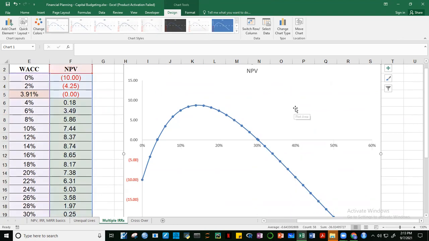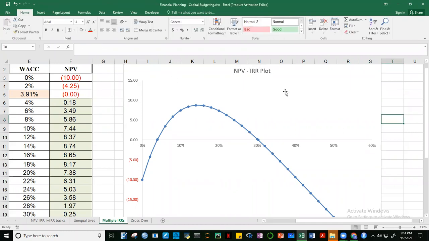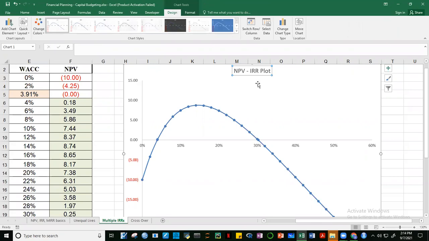Okay. Palitan natin to. NPV. Okay, NPV IRR plot. Hindi pala IRR, it's WACC. Sorry.